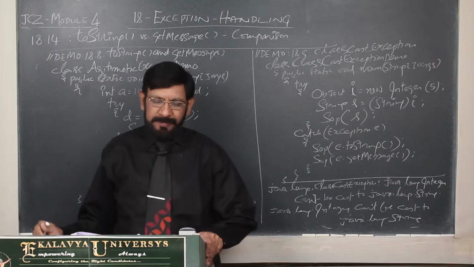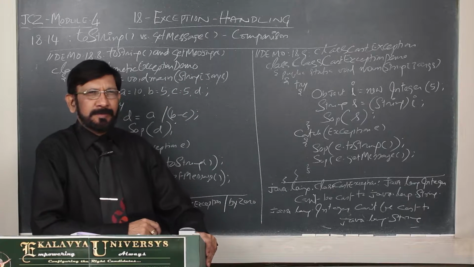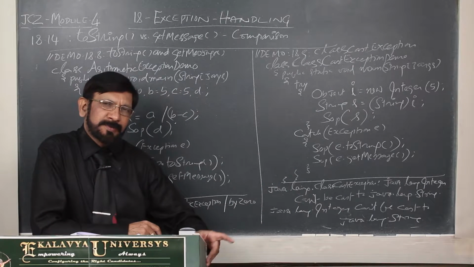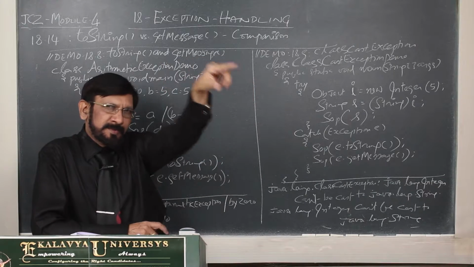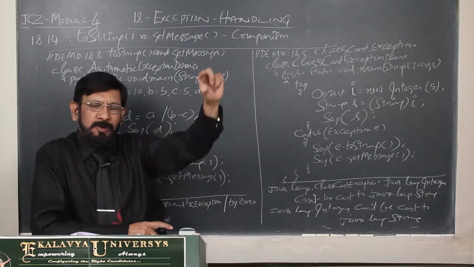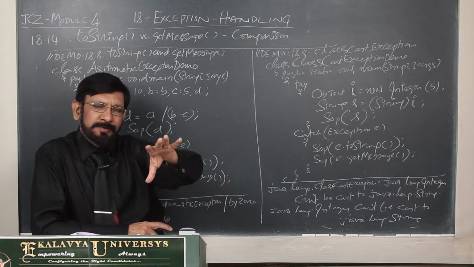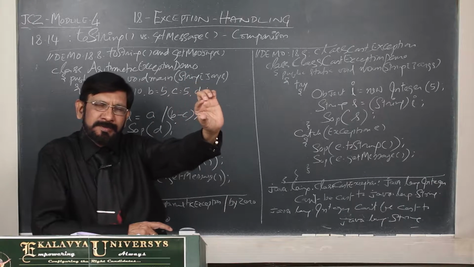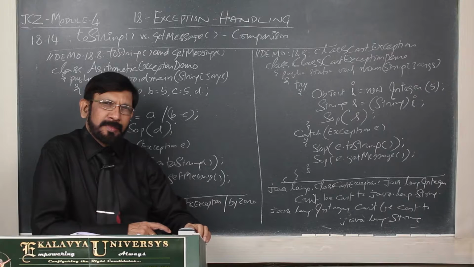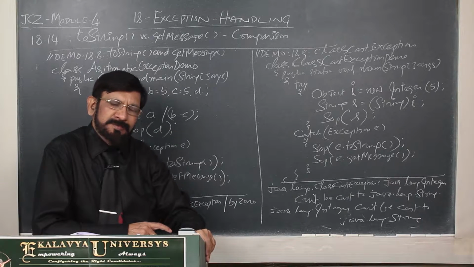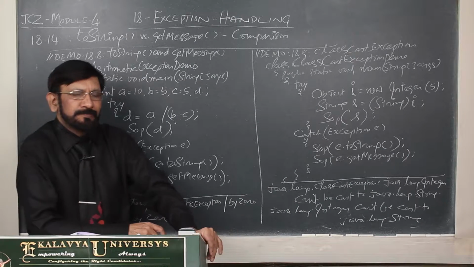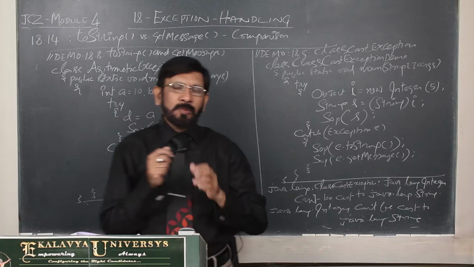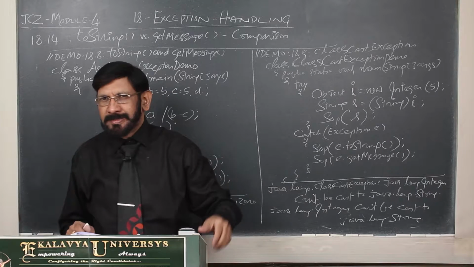The other one is getMessage. In the previous concept I explained that Throwable is the top of the exception family. Under Throwable, there are two types of classes: one is Exception, the other is Error. There are 27 exception classes and 23 error classes that I already explained. In the Throwable class, one string field is there.